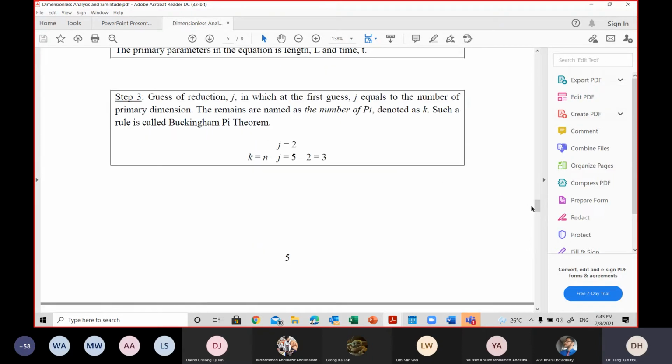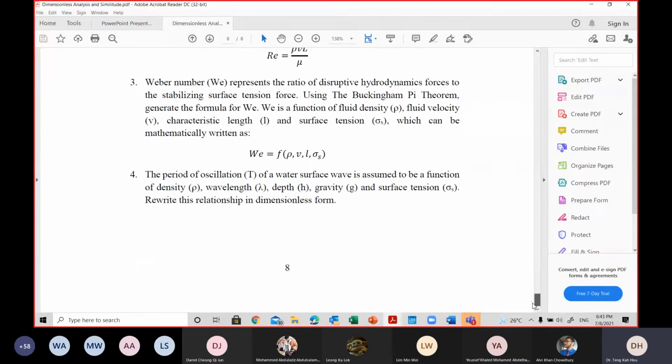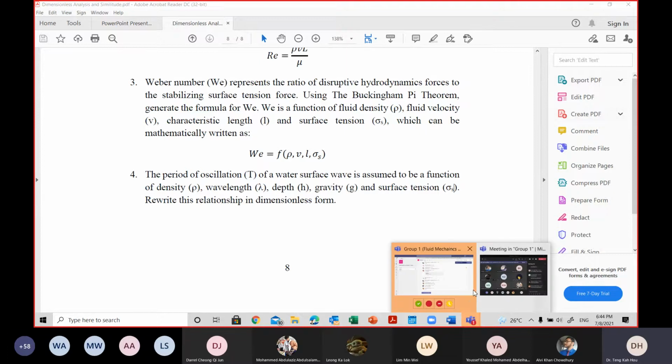Sometimes the question can be complicated, like give you a density, a wavelength, a depth, gravity, surface tension, etc. These are in fact the things that make you nervous and confused. If you ask me how to get this, you need to recap all your fundamentals.